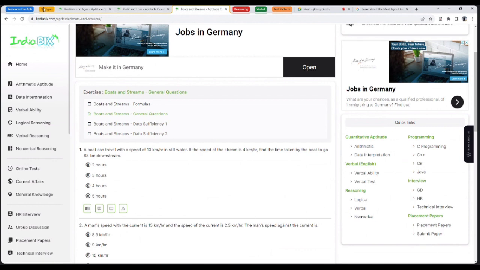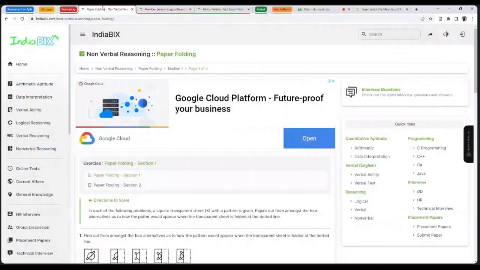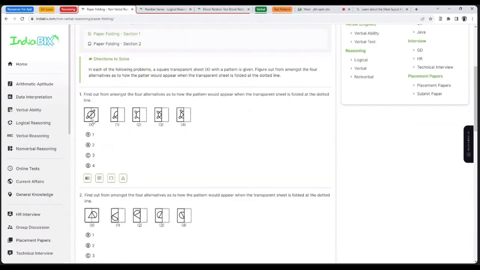So going to the reasoning, it's like abstract reasoning. As I told, they'll be giving you certain shapes, and as per the directions, you need to fold them and find the final shape. In this question, they have given us an initial shape and they're asking us to follow the folding pattern based on the dotted lines.